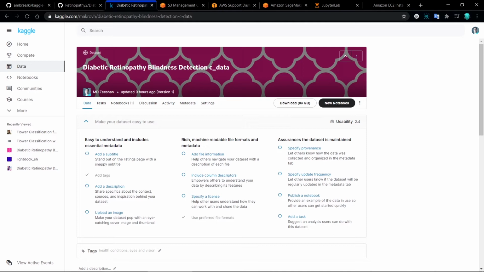Anyone can come here. There's already tons of data available, but the data that Kaggle has provided is in split form. They have just split the zip files into volumes and posted them here. Even if you download one zip file, it will not work, because these are volumes.